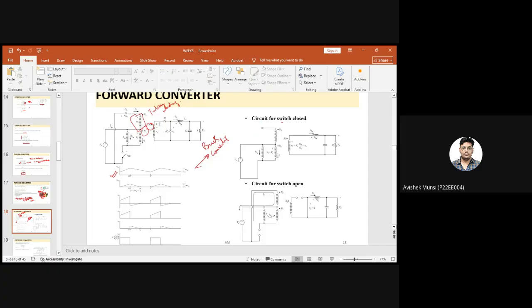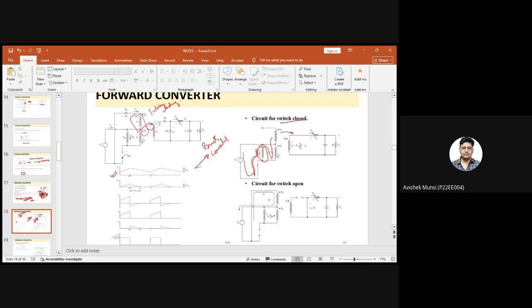Okay. Now when the switch is closed, you see that it will get a path across this, right? So the current is flowing across this path to charge this inductor, and it will couple into the secondary side circuit.